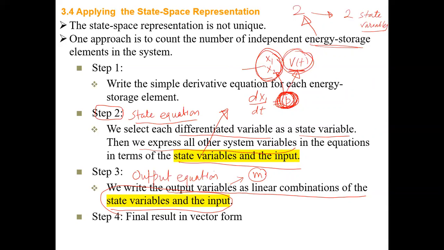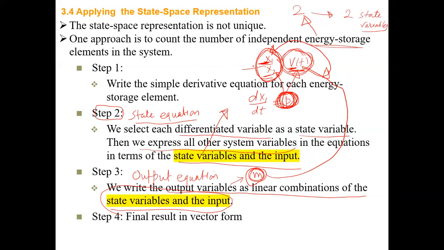Then you have to write this m in terms of v and also x1 and x2. Sometimes you might not be able to write in terms of everything. Sometimes you might miss x1, sometimes x2, sometimes v, but as much as possible, you try to get this m in terms of all those things.